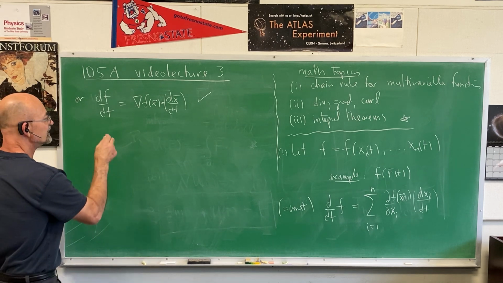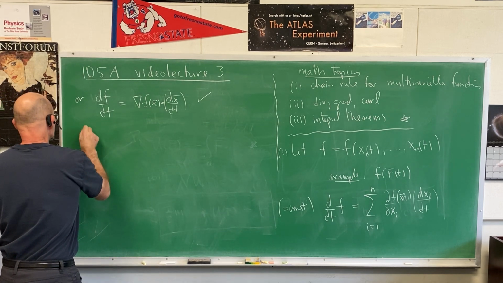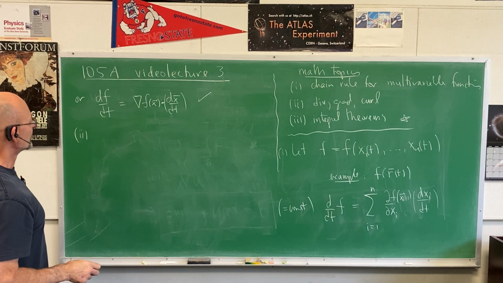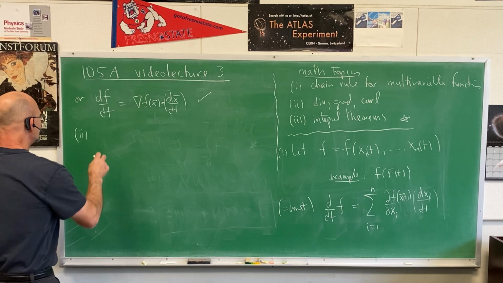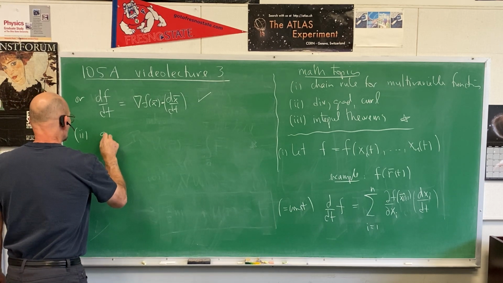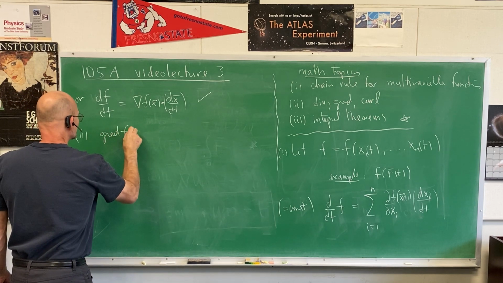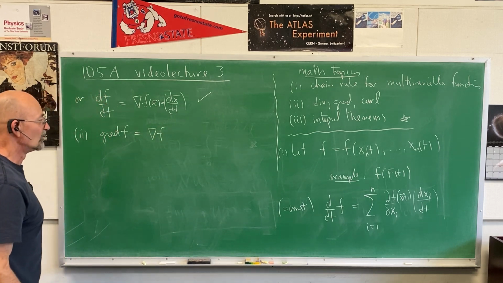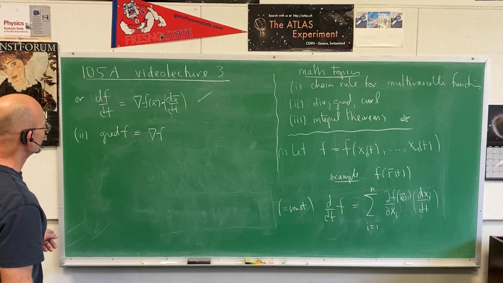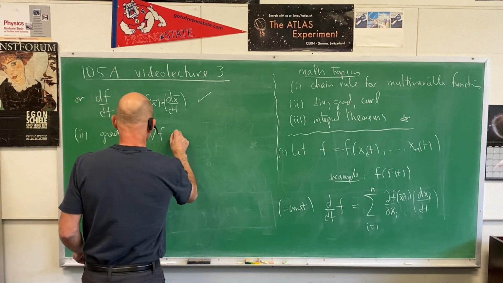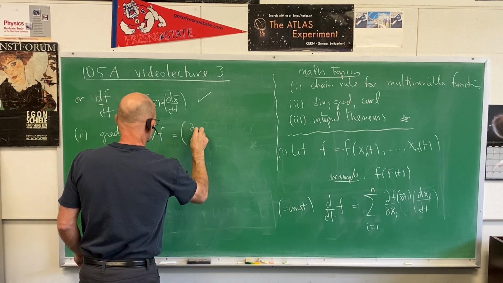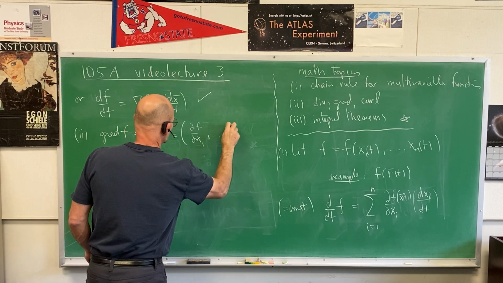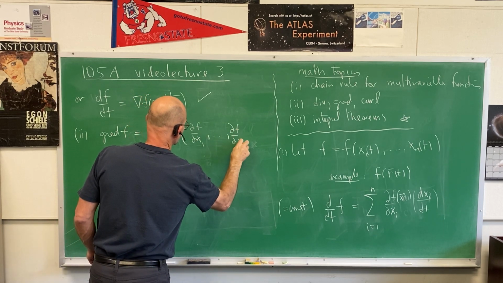What about divergence, gradient, and curl? Let's start with the gradient since we have it in front of us. Gradient of f. What we want to know about that right here, it is df dx of 1 through df dx of n.